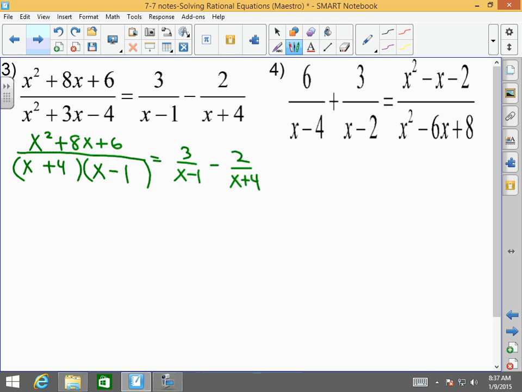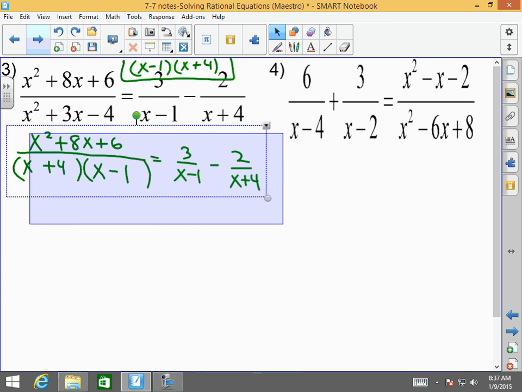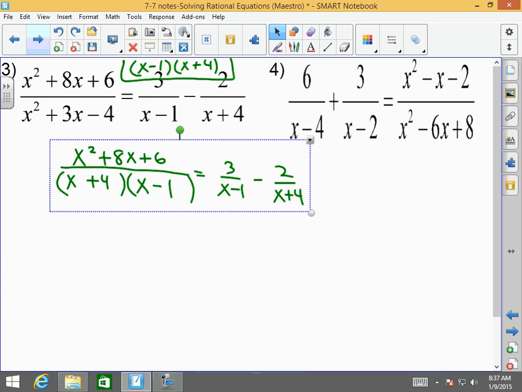What is my LCD here, gentlemen? X minus 1 times x plus 4. Don't stress out. I promise you, when you multiply this LCD out, life gets a lot easier. So I am going to literally, let me move this out here so I have a little bit more room.